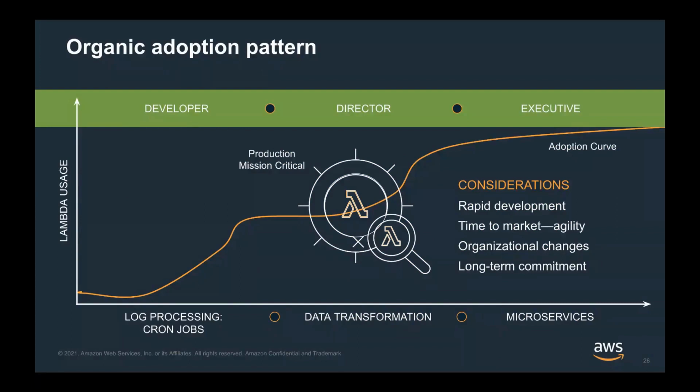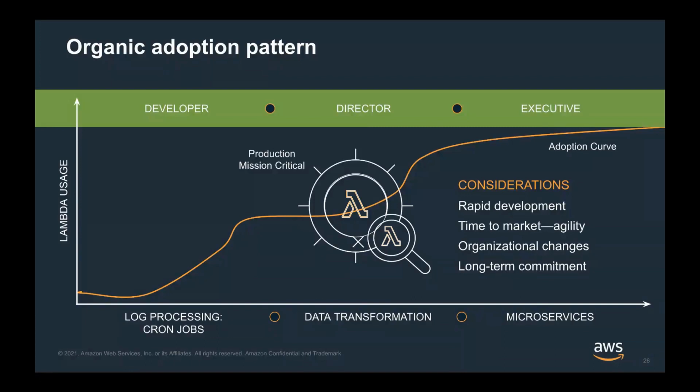Most organizations start on the left-hand side of this diagram, where they're just using Lambda to do basic processing, things like log processing. They're getting logs from one place, doing some activities with the log and moving things along, or just using Lambda to trigger some sort of event here and there, nothing critical.